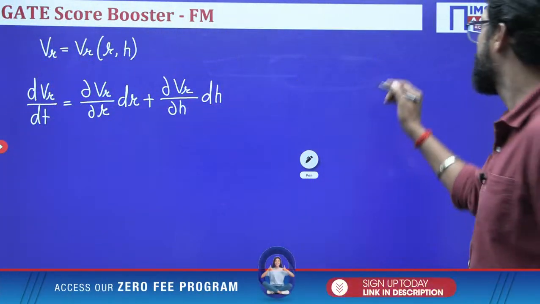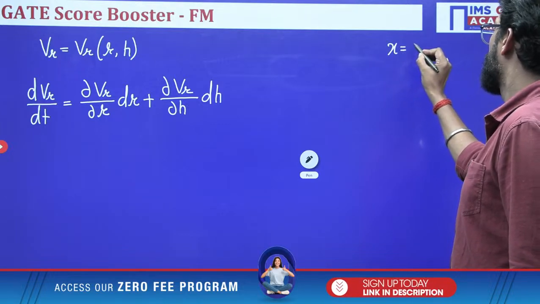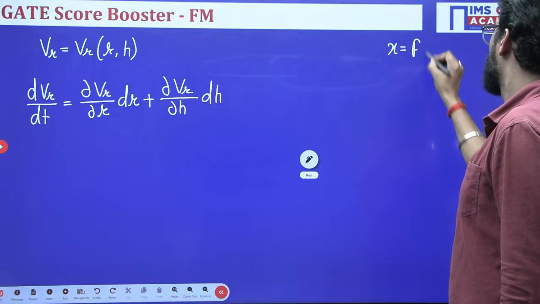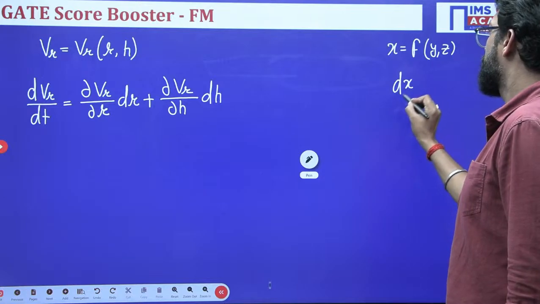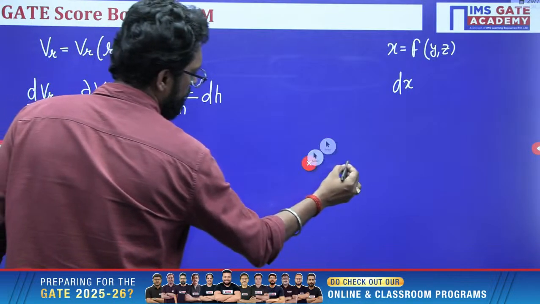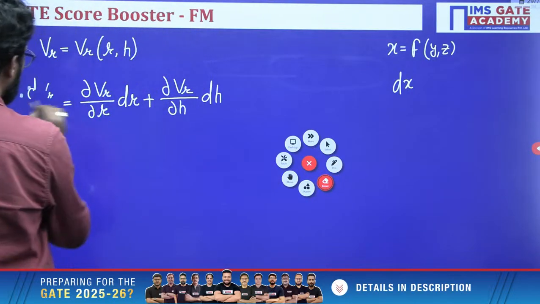If there are two variables, let's suppose x is equal to some function f of y and z, how will we write dx? Obviously this is not dt.